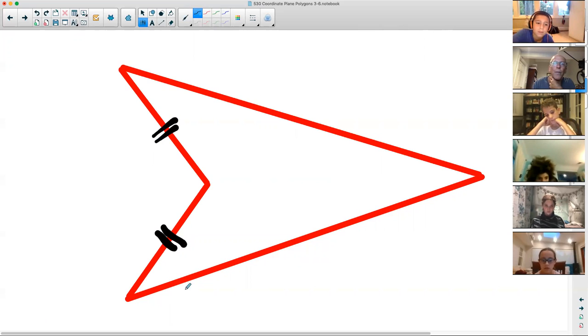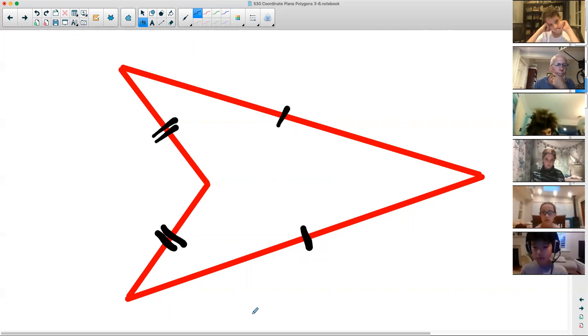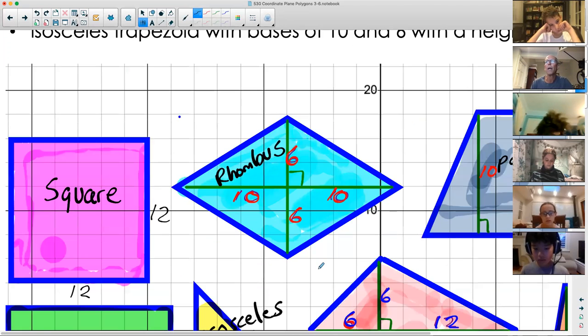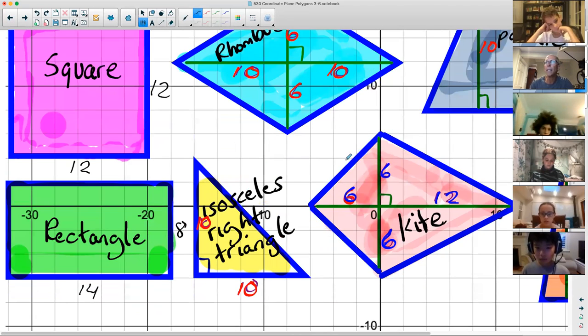These two segments are congruent, or equal length, and these two segments are congruent, of equal length. That is the definition of a kite. So for instance, if we go back here, do you guys see that these two are equal and these two are equal?